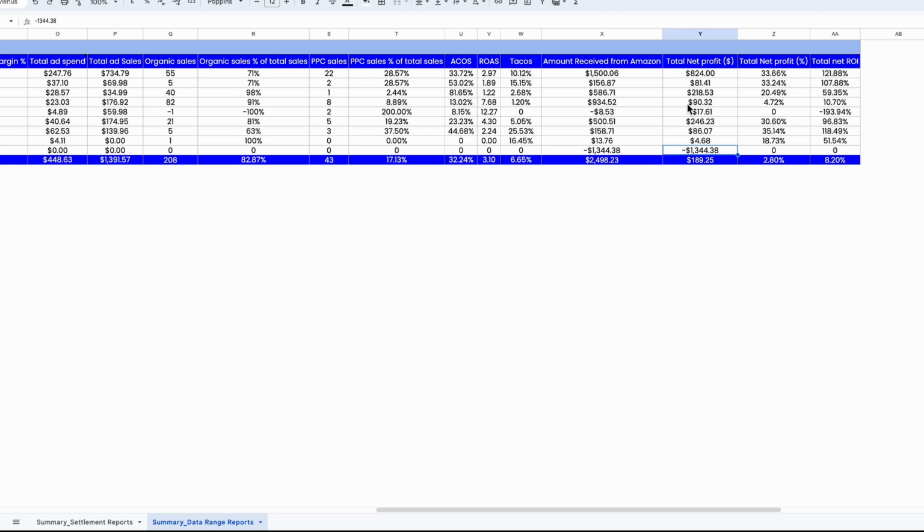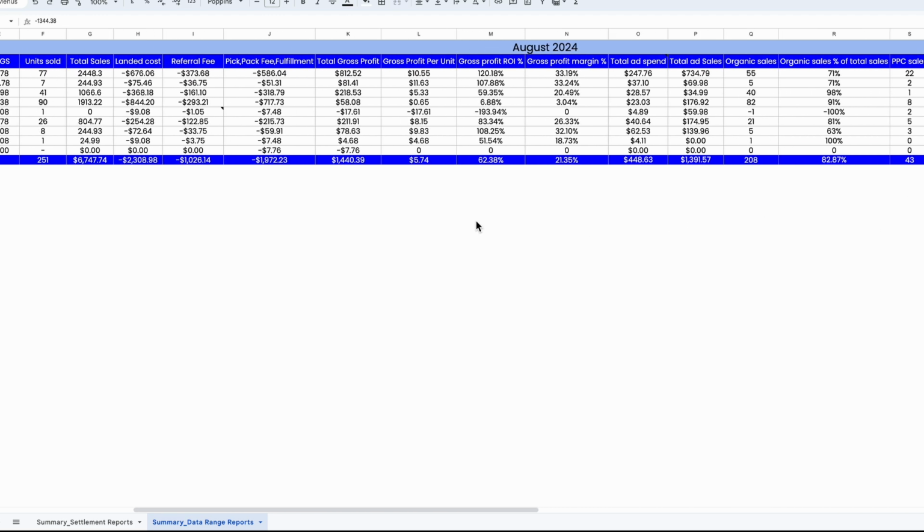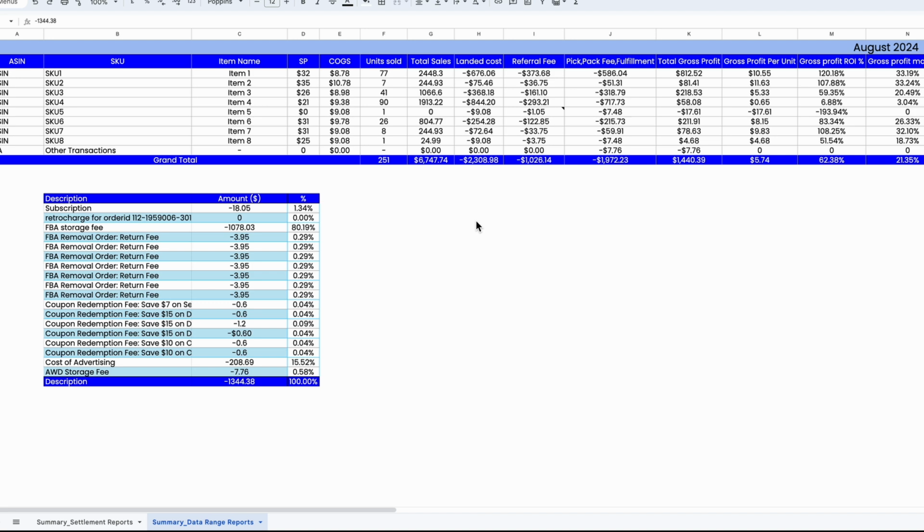Now coming back to this 1344.38, when I try to understand this breakdown a little further, what components contributed to that cost of $1,344, right? I can see one of the major expenses is the FBA storage fee, correct? Now, here is the thing.